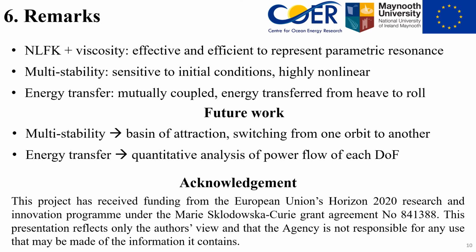To sum up, the nonlinear modeling method considering nonlinear FK force and viscous force is effective and efficient to represent parametric resonance. Parametric resonance is highly nonlinear and sensitive to initial conditions. Numerical results show that different modes are coupled mutually and energy is transferred from heave to roll.